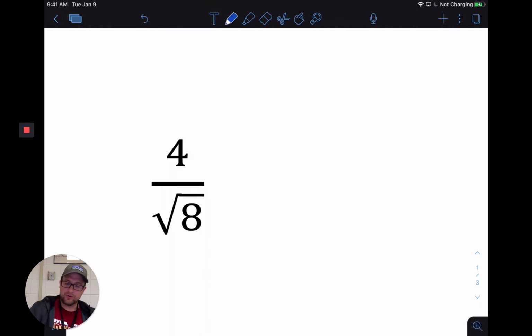So we want to simplify this in a way so that there is no square root on the bottom of this fraction. Again, this is a square root here, right? The way we're going to go about this is we're going to multiply by what I call a fancy looking 1. So we're going to multiply top and bottom by the square root of 8.